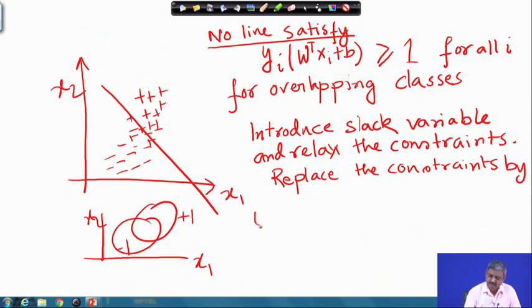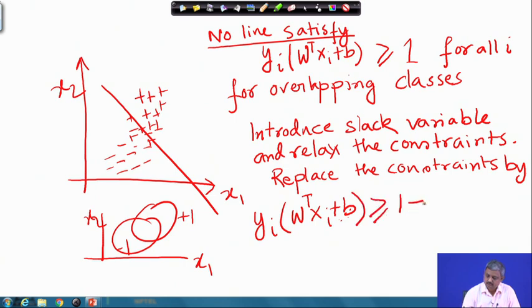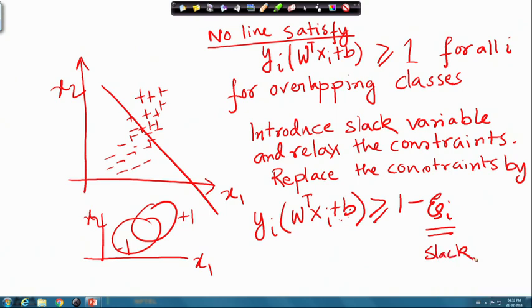Replace them by some slack xi. Okay, some relaxation.